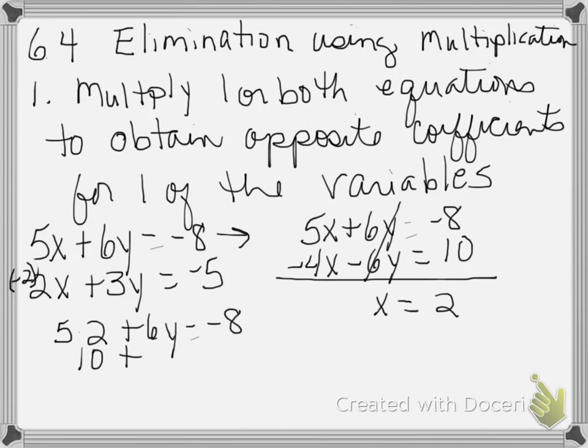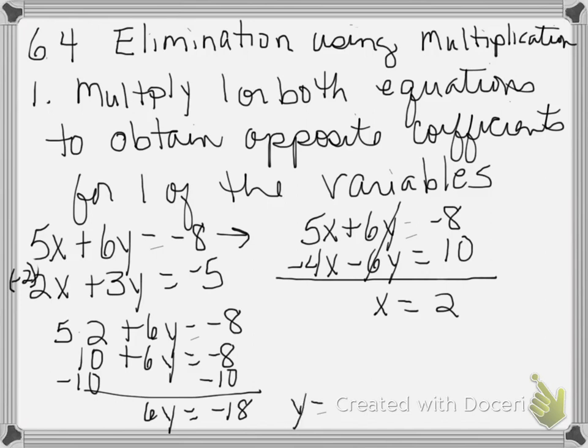That's 10 plus 6y is equal to negative 8. Subtract 10. You get negative 18, and then divide by 6, and y is equal to negative 3. And there's your answer. Please put it in ordered pair.